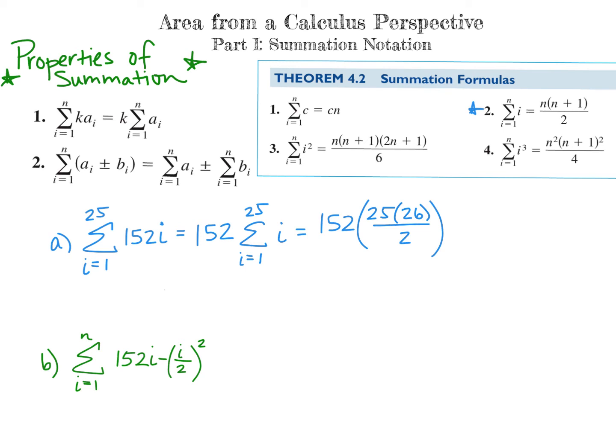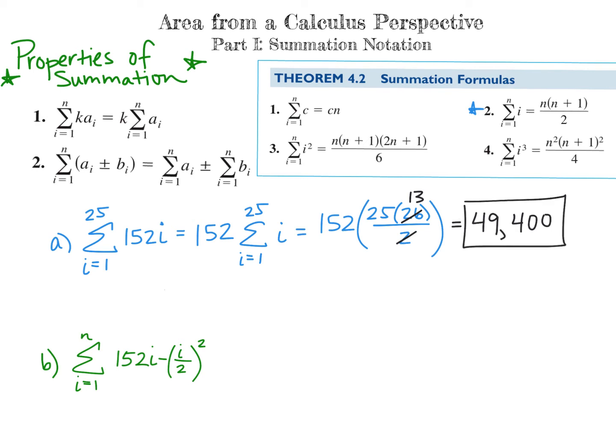In your calculator, if you want to do this a little bit simpler, 26 over 2 is really just 13. So we're taking 25 times 13 and then multiplying it by 152. When we do all that multiplication, we'll get 49,400.